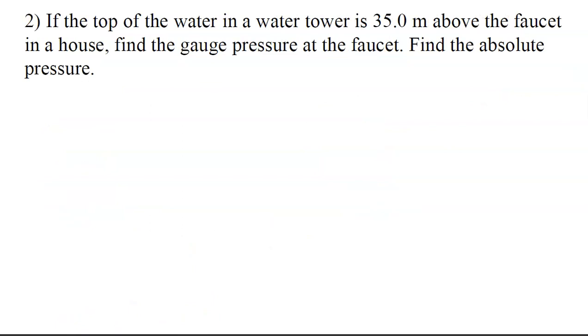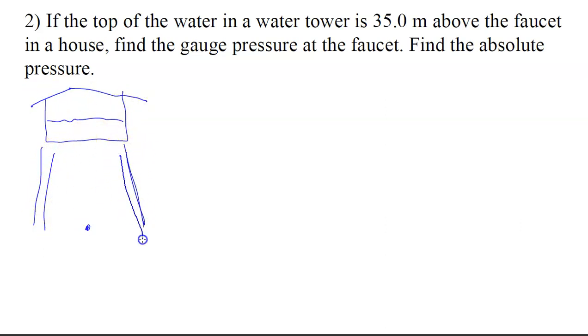Right here I got a water tower. It's way up high. The water is up here, and we're interested in a point down here. Now one way to phrase this problem is you got yourself a water tower like here, and there's a pipe that comes down, a little spigot right there, that the water's going to come pouring out of, and it's going to come out faster because it's got all this water stacked on top of it pressing down.